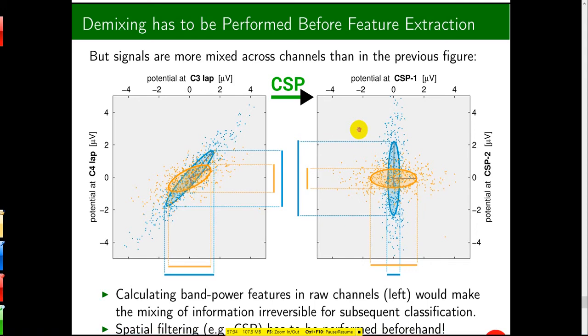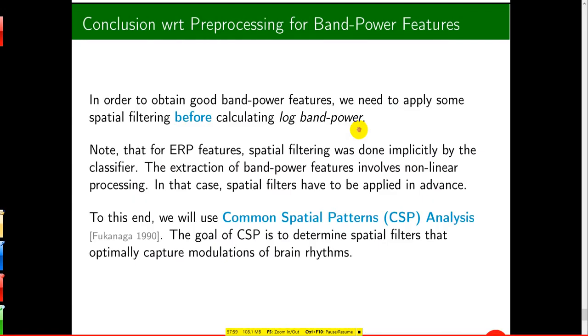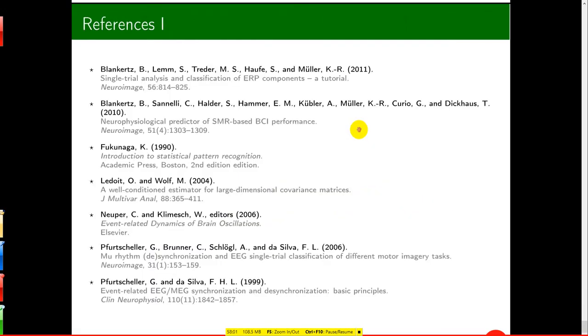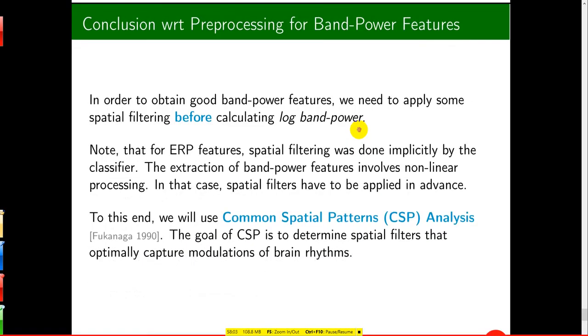It does the same, right? For one class, maximize, minimize, and from this projection, maximize the variance for the opposite class while minimizing the variance for the other class. Those common spatial patterns give us very good discrimination. Okay, that solves this spatial mixing, and we will see the mathematical formulation of common spatial pattern.